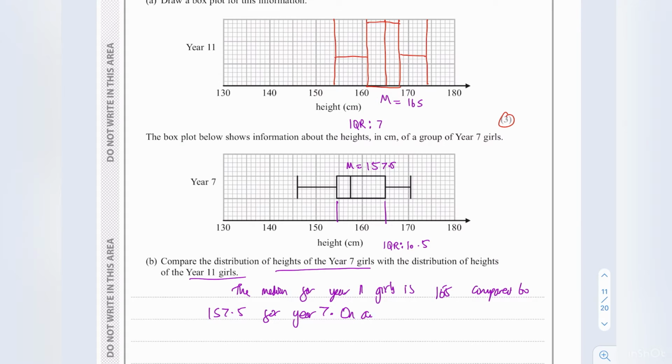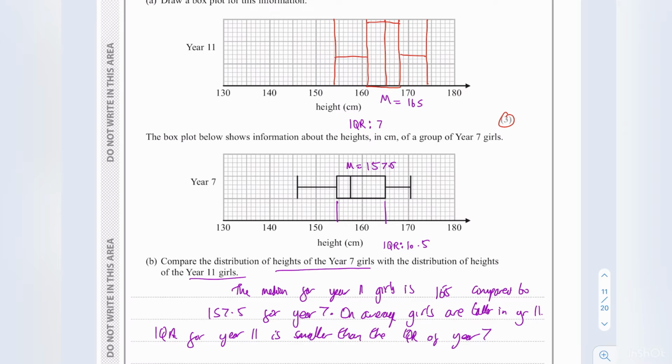On average, girls are taller in Year 11, and then also the interquartile range for Year 11 is smaller than the interquartile range of Year 7, suggesting there is less spread in results in Year 11.